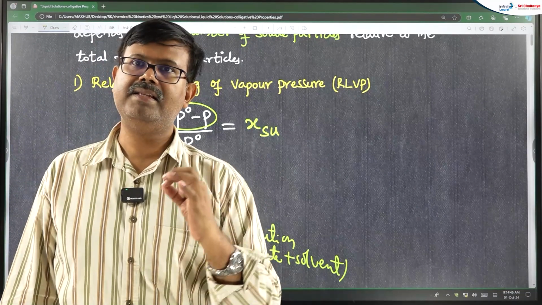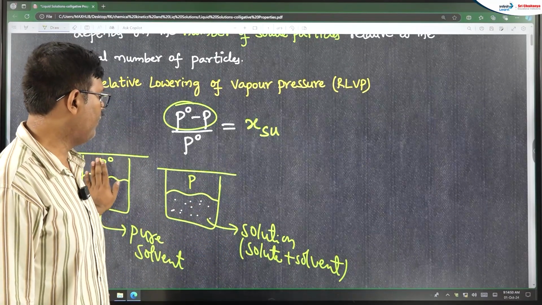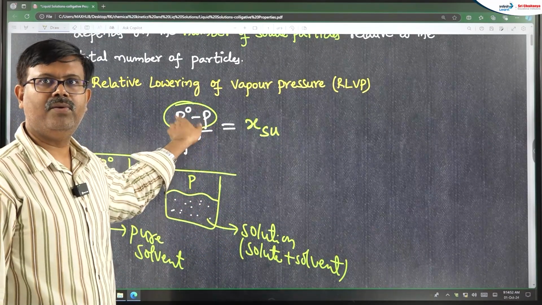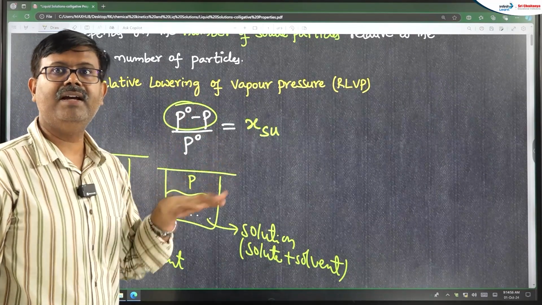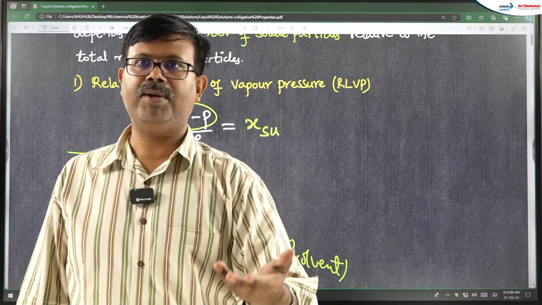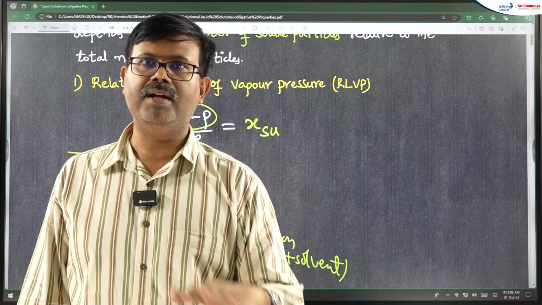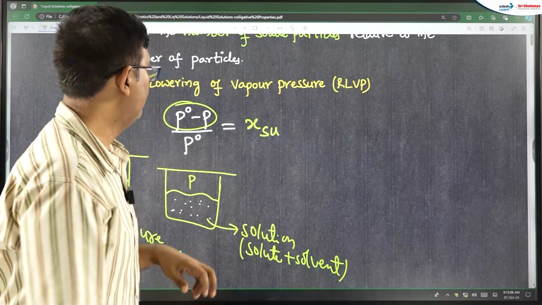Lowering means decrease in the vapor pressure. How much the vapor pressure has come down from P0 to P, that is the lowering, and divided by P0 it denotes the relative lowering. Relative means compared to the original pressure, how much is lowered. That is what relative lowering of vapor pressure is.